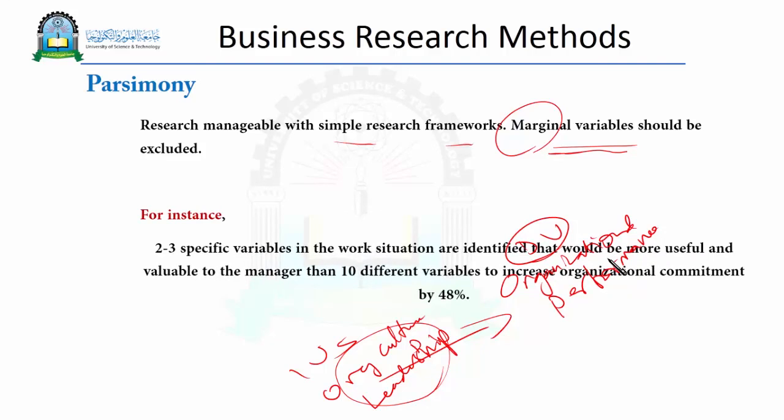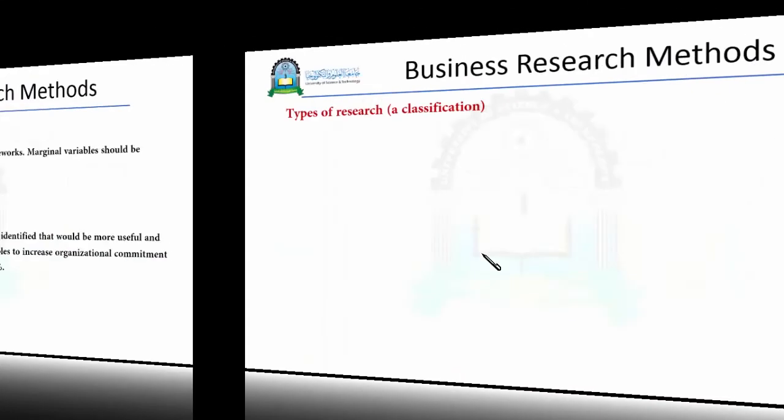So 2 to 3 specific variables in the work situation that are identified would be more useful and valuable to the manager than 10 different variables to increase organizational commitment. So I must introduce some variables which have higher effect. Of course it is dependent on the previous studies and theories to hypothesize that type of effects.